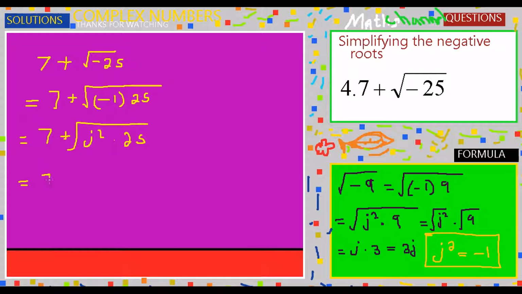Splitting this one, you have 7 plus the square root of j square and the square root of 25. Then from there you have 7 plus j, and 25 is 5. Rearranging this one, you have 7 plus 5j. So this is the answer.